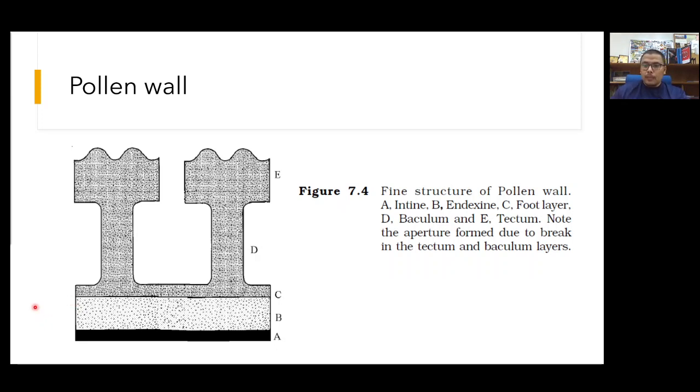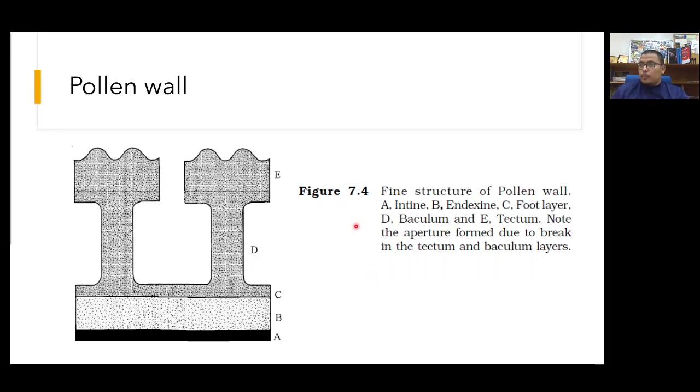Okay. Of course, the above layers of exine are clearly visible especially under an electron microscope, but when observed under a light microscope, the inner layer known as nexine includes endexine plus the foot layer of ectexine. The upper layer, consisting of columella, tectum, and the supratectal sculpturing, constitutes sexine.